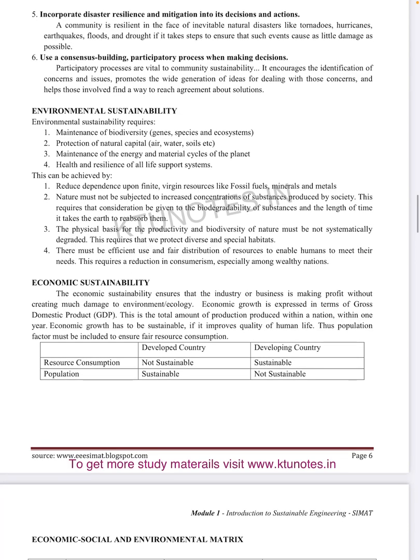The third one is physical places of productivity and biodiversity of nature must not be significantly degraded.